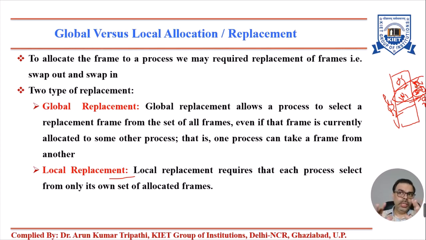So in global replacement, the entire process will get replaced, while in local replacement, only the part that is not associated with any other process will get replaced from primary memory to secondary memory.